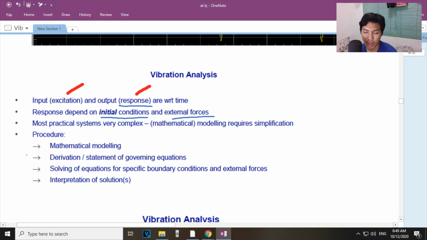Okay? Consider natin dyan, yung mga derivation of displacement, the acceleration, that is all with respect to time. Number 3, we solve the equations for specific boundary conditions and external forces. Kung ano lang yung given, dun lang natin siya ikukulong at dun lang natin isosolve.